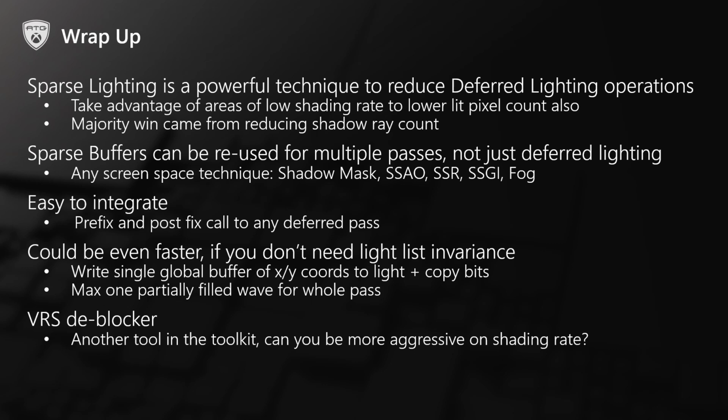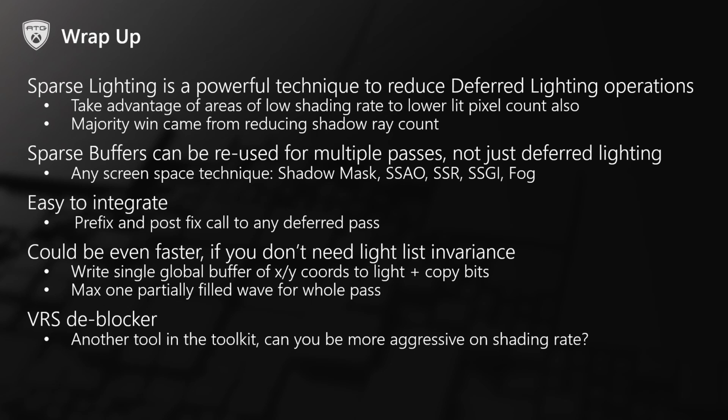It's the frequency of all shading operations, and this is driven by variable rate shading. In our case, we got significant wins in the sample that you can download from reducing shadow ray counts, reducing atmospheric scattering, reducing global illumination calculations.